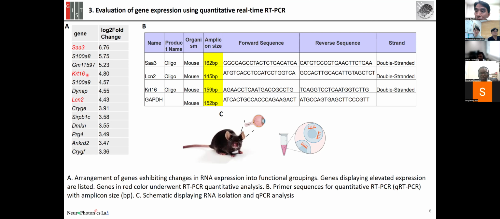But if you choose this gene, and you can find another paper showing how SAA3 is involved in pain, that will be great, because somebody already showed this gene is critically involved in pain.